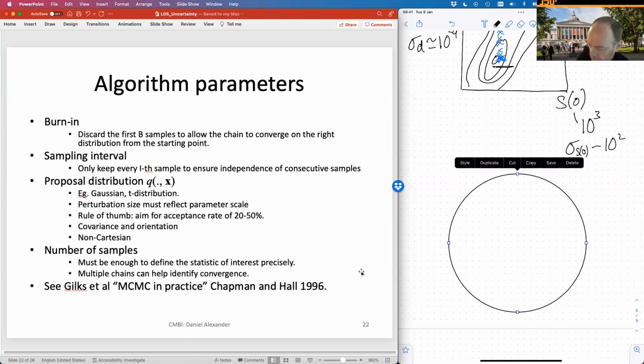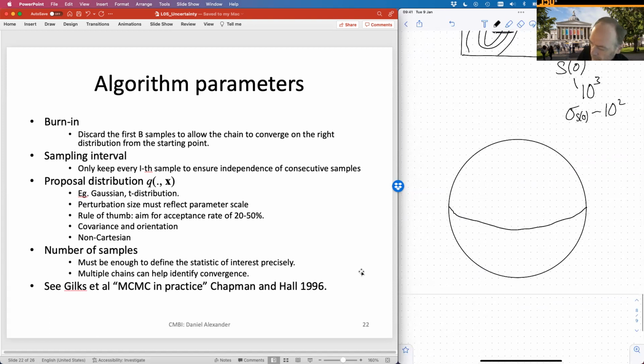Let's think about that for a minute. One way that we might do it is using a standard parameterization of the unit sphere. Let's suppose we think in spherical polar coordinates. Then we'd parameterize our fiber direction by two angles.